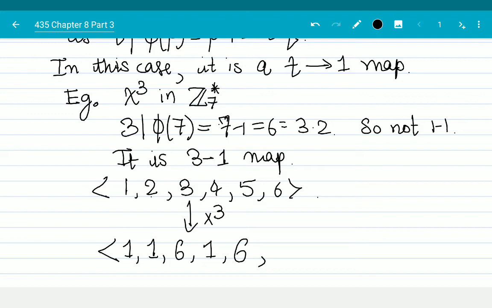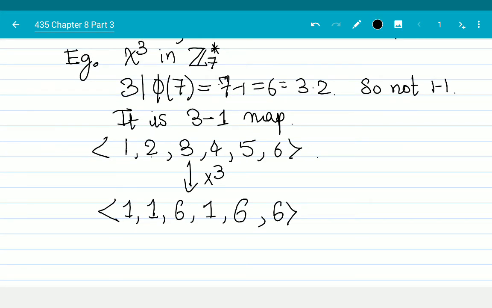And 6 cube is 216, and 210 is divisible by 7, so that is 6. So there are 3 things that are mapped to 1 and 3 things that are mapped to 6. So it's a 3 to 1 map.